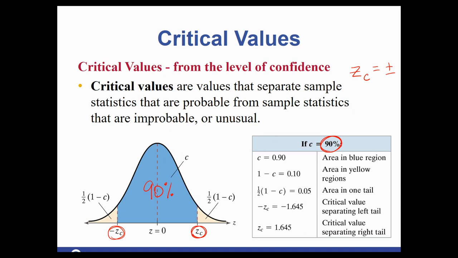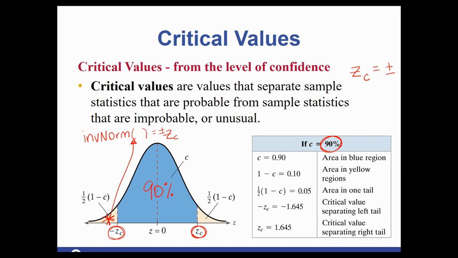Now, in order to find the area under the curve in the tails, we're going to use inverse norm in our calculator. But keep in mind with inverse norm, you always want to use the area to the left of the spot you're looking for. So we're actually going to put this area into our inverse norm in order to get our critical values, both the positive and the negative side.